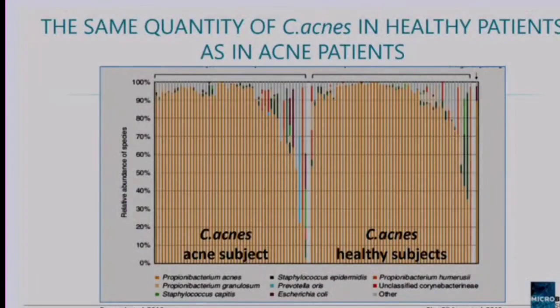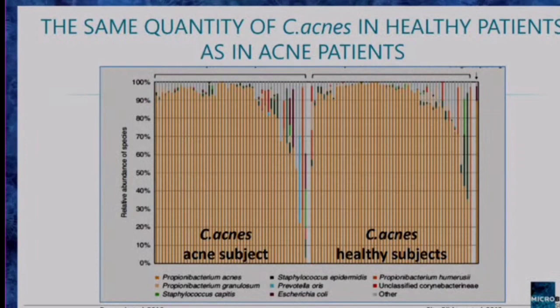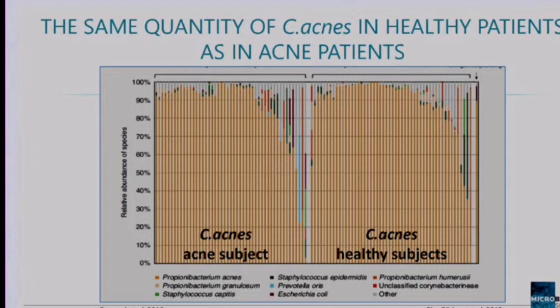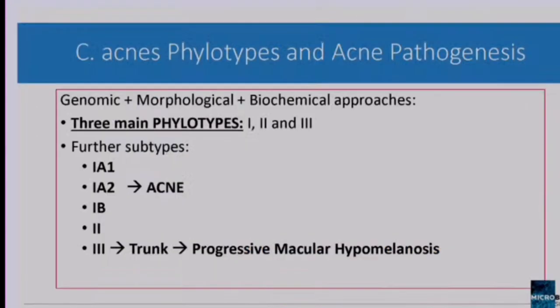So, do Cutibacterium acnes differ in number or in type between acne-prone and non-acne-prone patients? Well, actually, studies have shown that Cutibacterium acnes in amount are the same in acne subjects and healthy subjects. But the difference lies in their phenotyping.